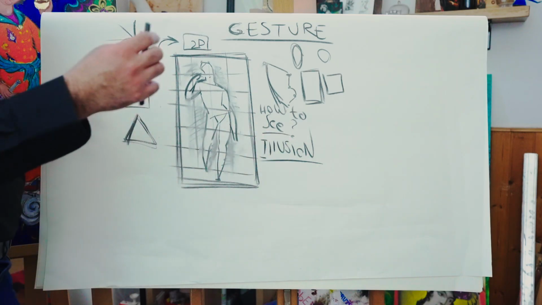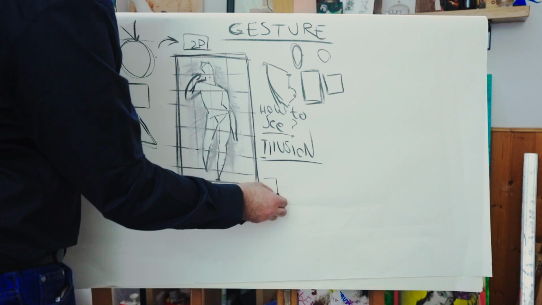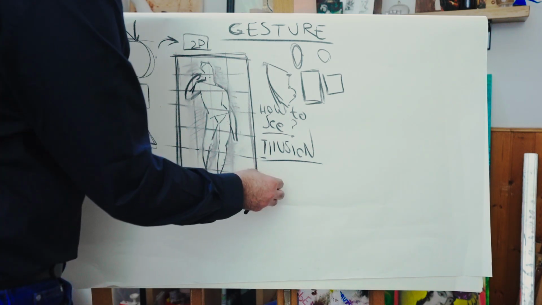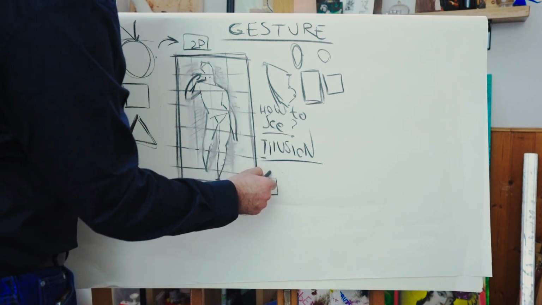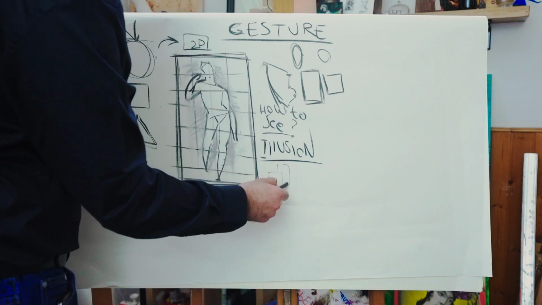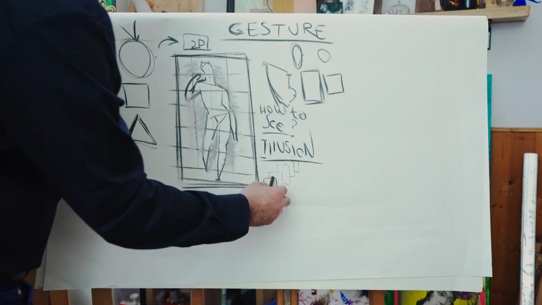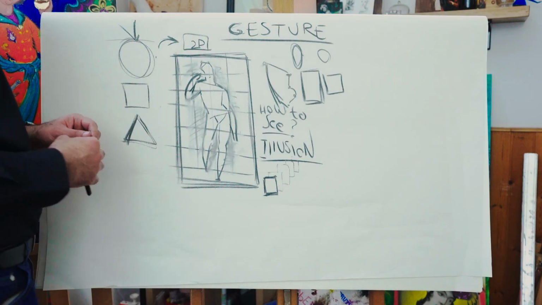For example, what I told you in the previous video: when a form is quite dark, and you overlap it with other forms, this darker one seems to be closer.